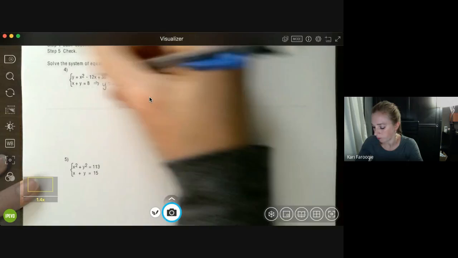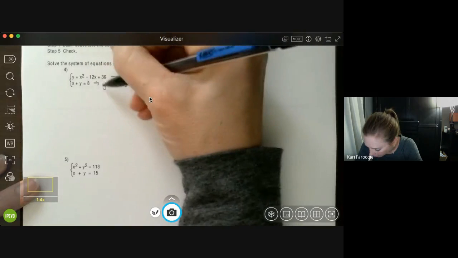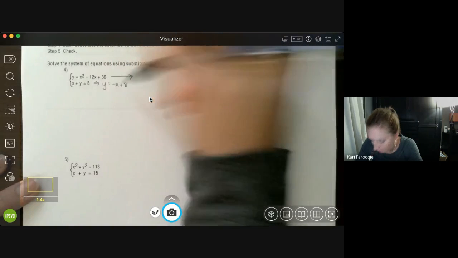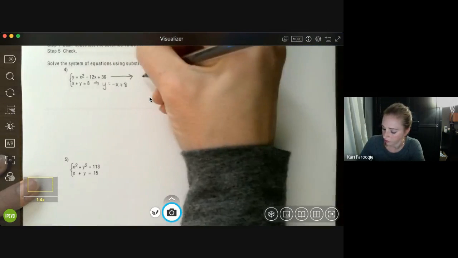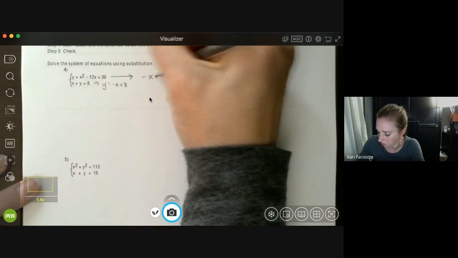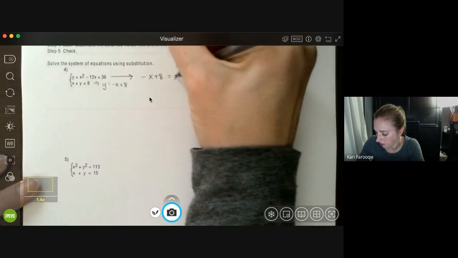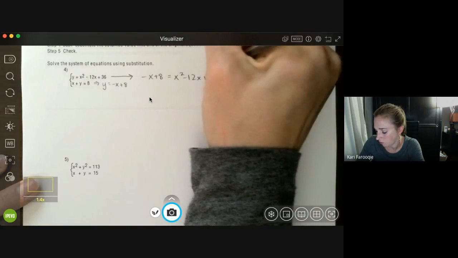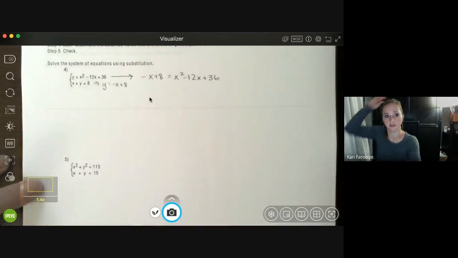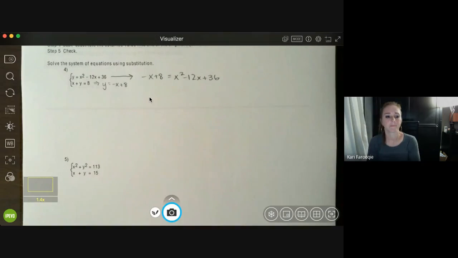So going back to our other equation, instead of using y, I'm going to use negative x plus 8. So on the left-hand side, I have negative x plus 8. And on the right-hand side, x squared minus 12x plus 36. And like I said, most of the time you're going to be getting quadratic equations here. And we solve a quadratic equation by making sure that both sides are set equal to 0.